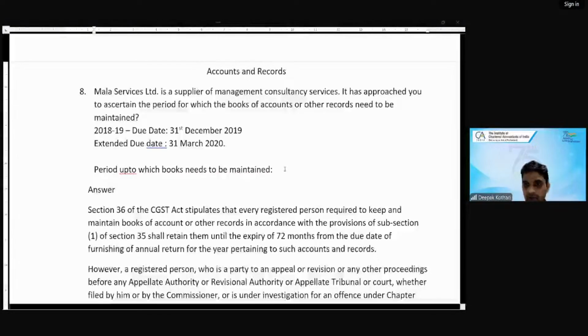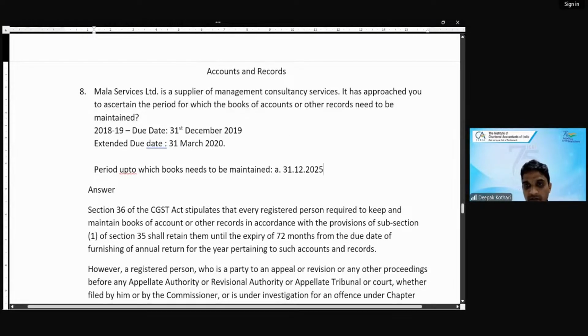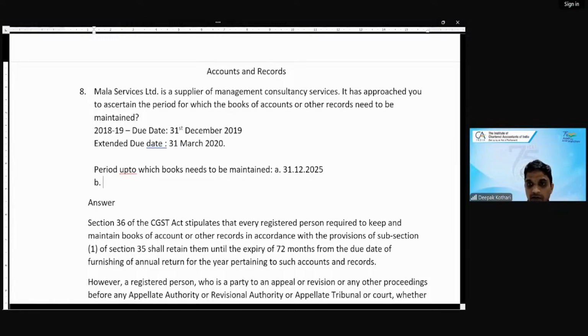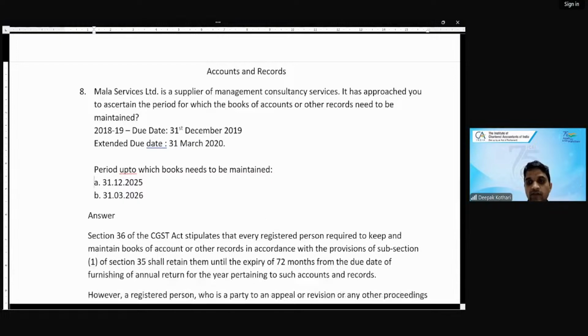Okay, let me put the answers. Option A, I'll be getting a lot of options. Option A, Ishan is saying 31st December 2025. Astha is also saying 31st December 25. Pooja is saying 31st March 2026. Any more options anybody wants to give? 31st March 26, Manivaran.